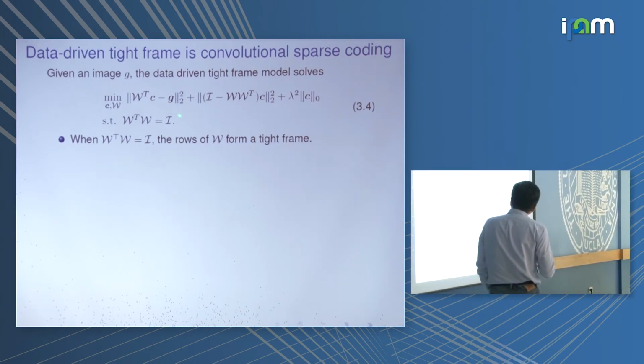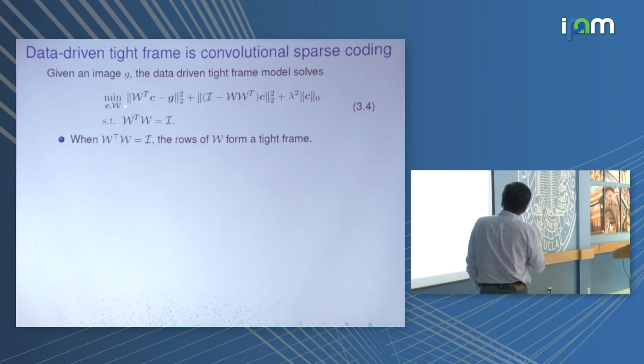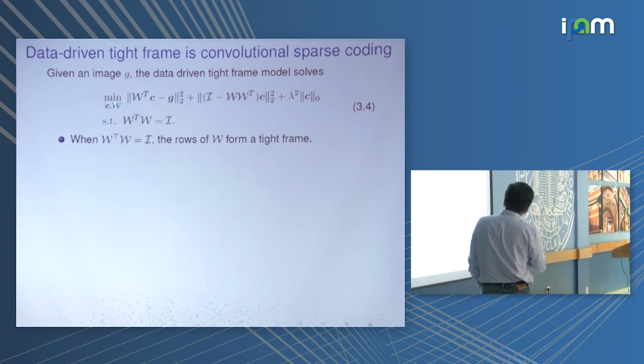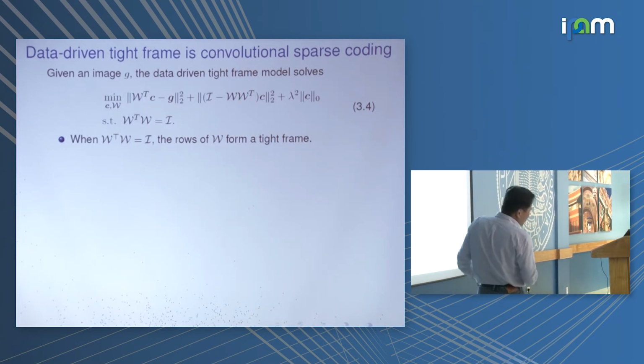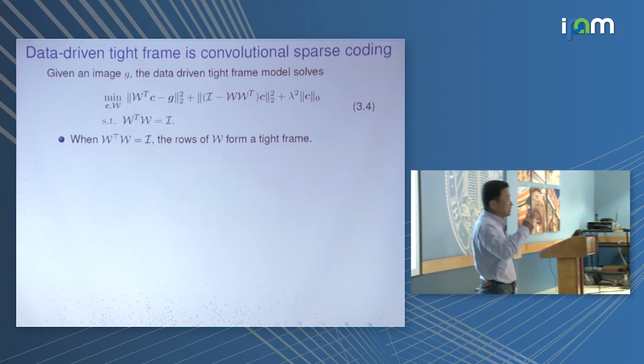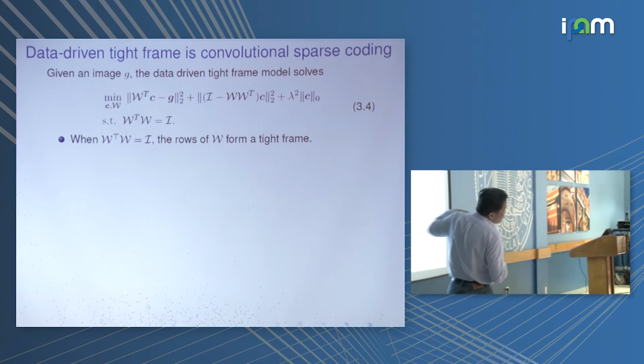This model is one Mickey doesn't like, but I like it. We minimize over C and W such that this holds, and because we have a tight frame it is this one. The normal model is just without W. But if you know wavelets, W is actually a huge matrix, a convolution matrix.